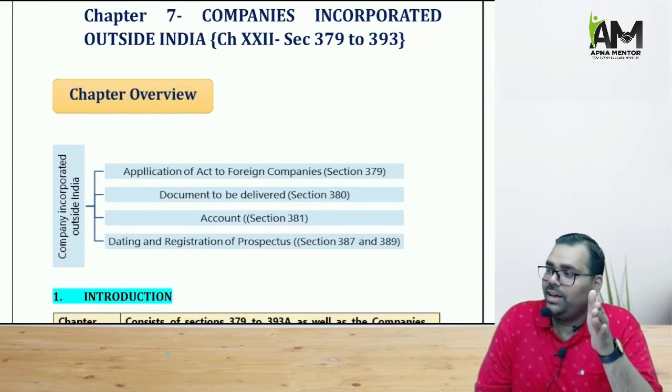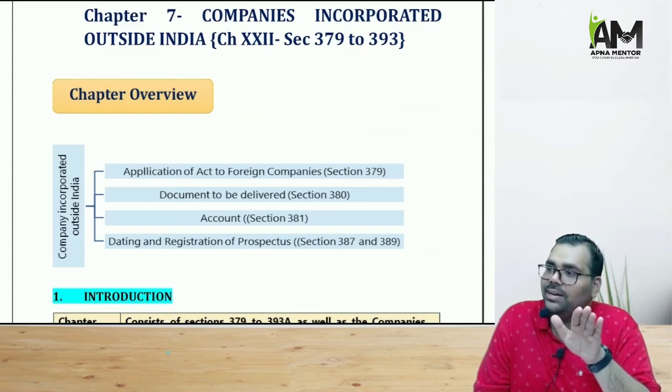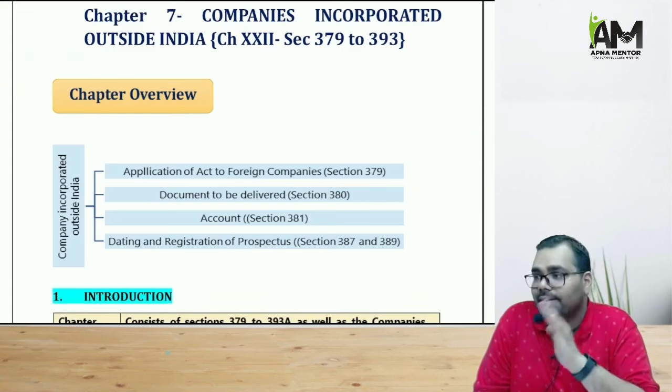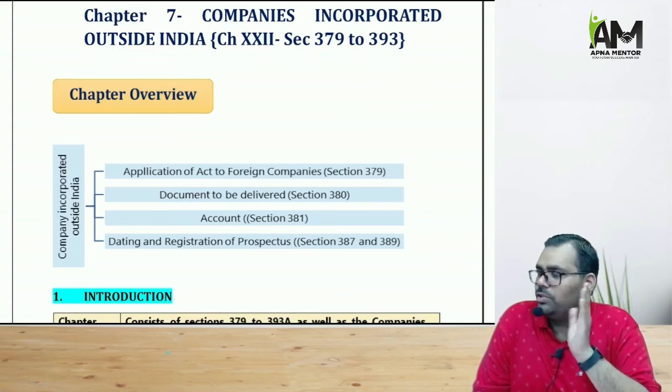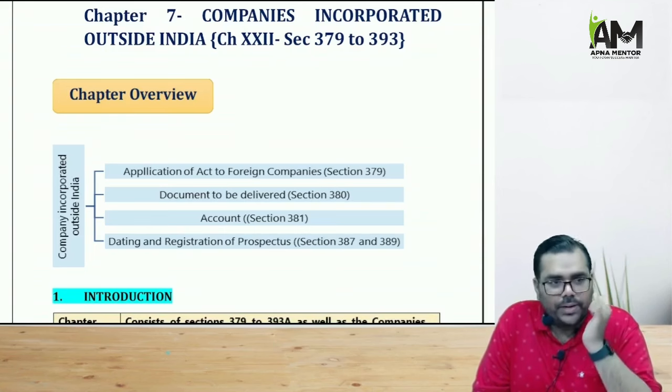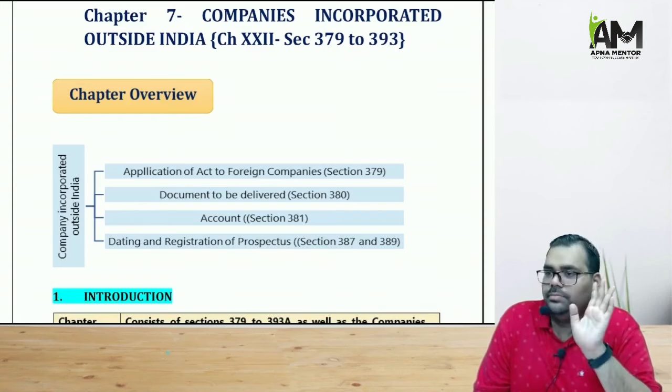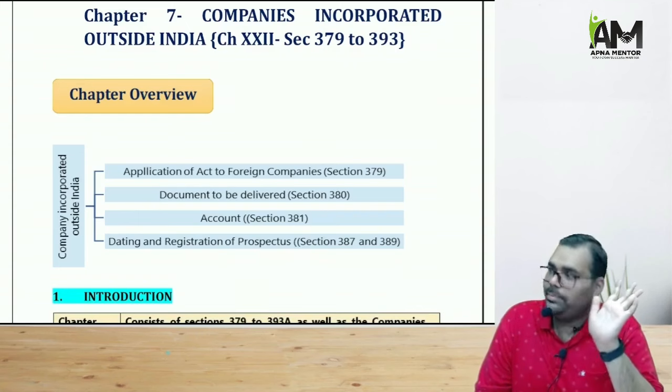Because again, they are automatically incorporated outside India, and they will just start coming and doing business in India. So the incorporation is not relevant for us, because they are already incorporated under some law, in some act.